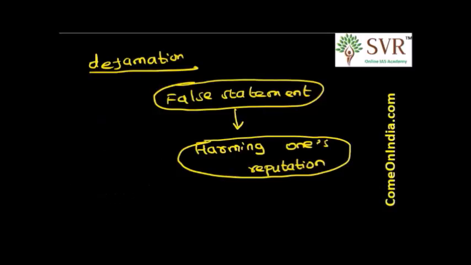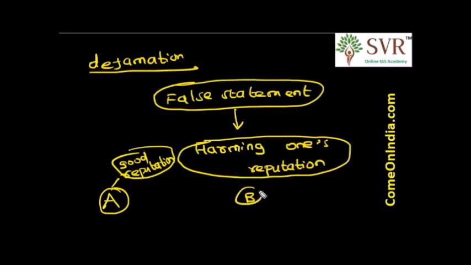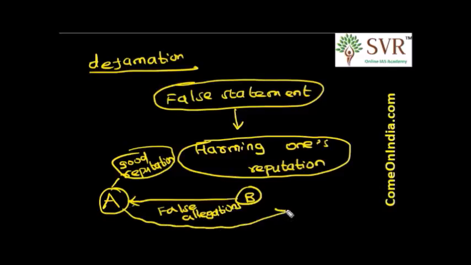For example, consider person A, who has a good reputation in society, and person B, who makes false statements and allegations against person A. Now person A's reputation is affected. Now person A can file a defamation case against person B.